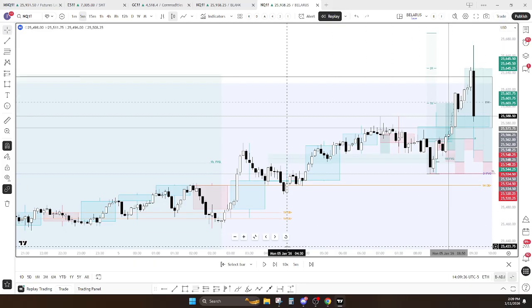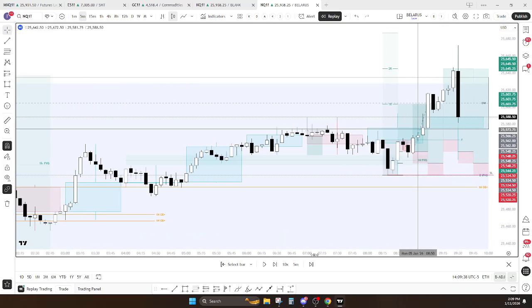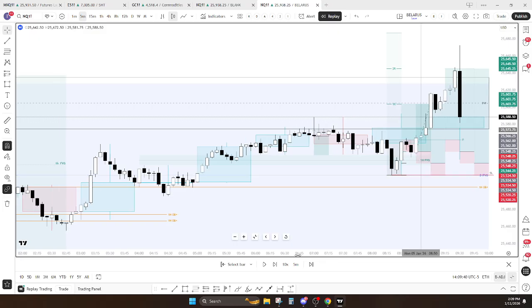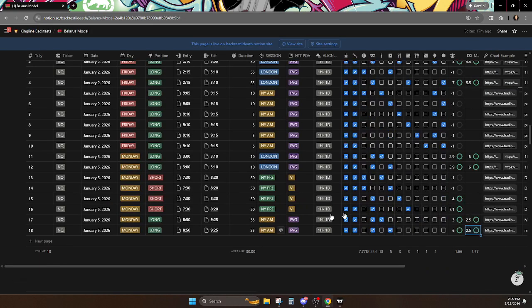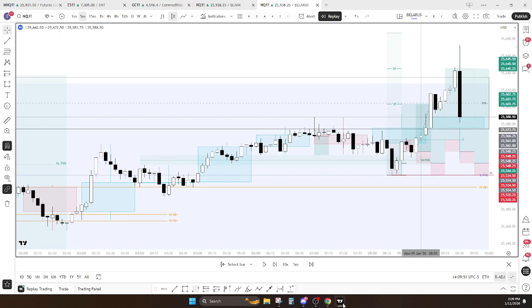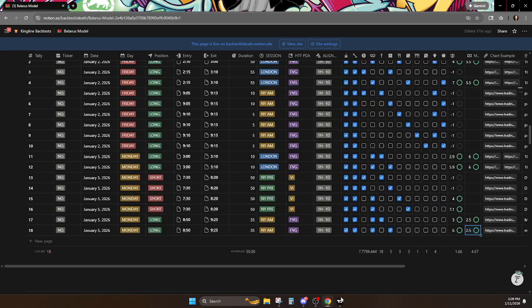I need to copy this chart again because I need it to be accurate. How is the first entry still wrong? Yeah, I adjusted it.